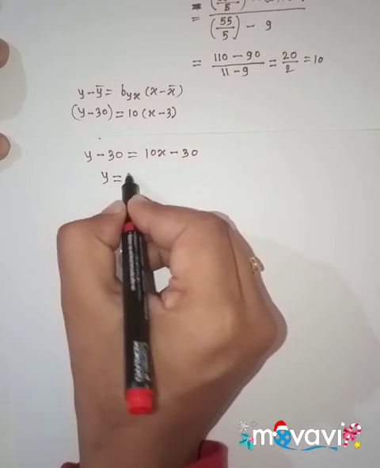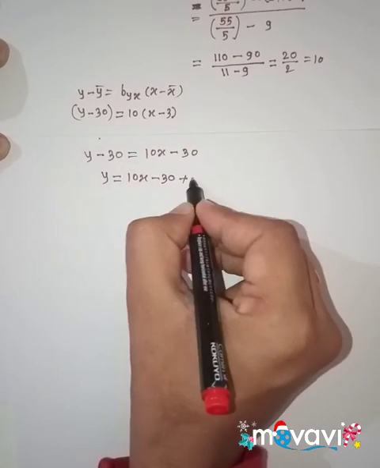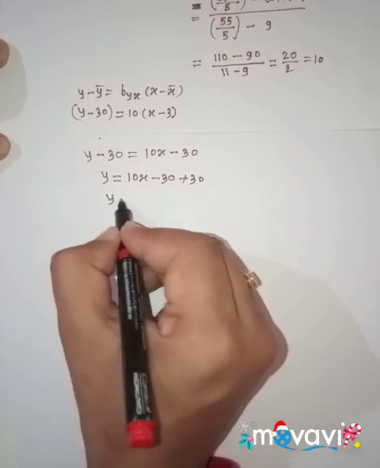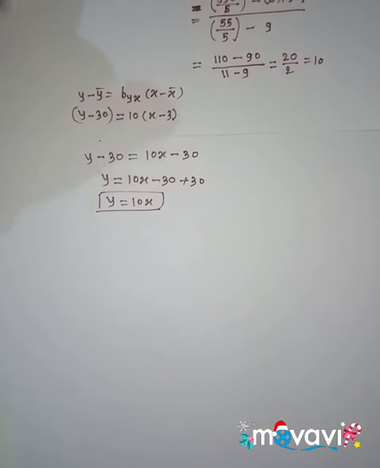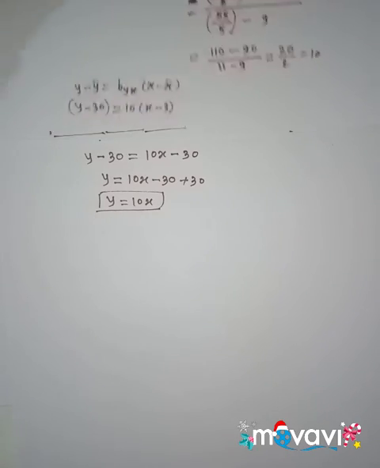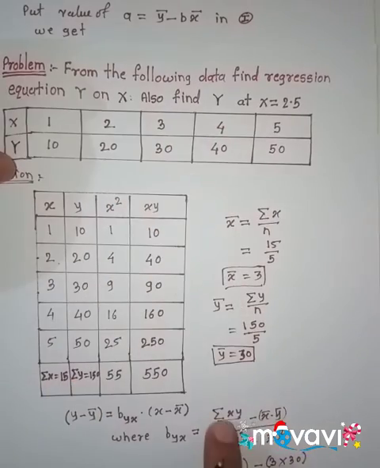So y is equal to 10x minus 30 plus this 30, means y is equal to 10x. This is your regression equation y on x. They also ask a sub question, find y when x equal to 2.5.